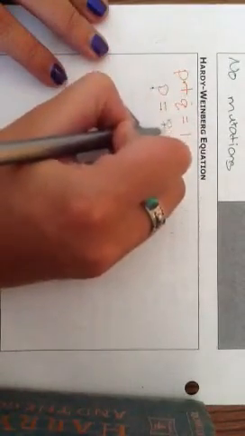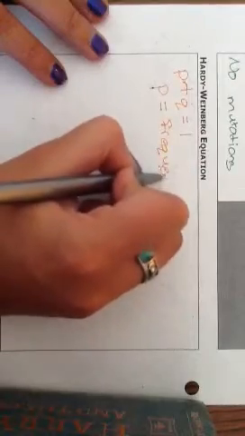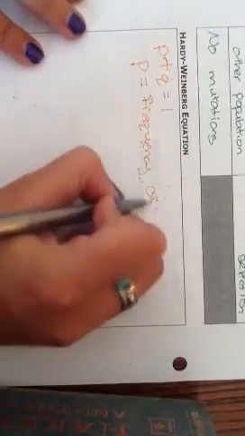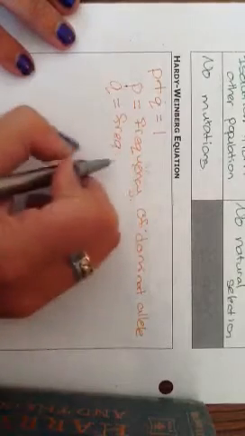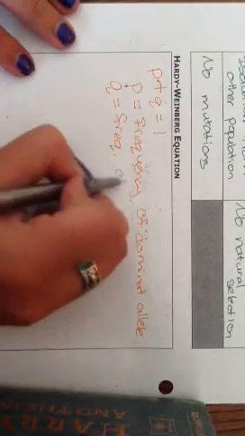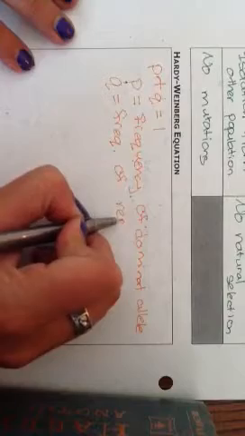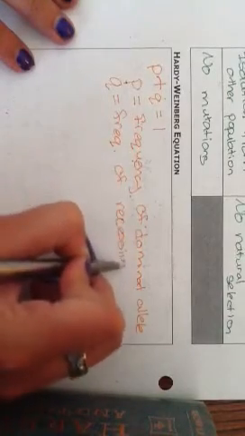Wow, super hard. p equals the frequency of the dominant allele, so that was the 0.8 that we saw on the other side. And q equals the frequency of the recessive allele. Remember, recessive is the one usually written as the little a.